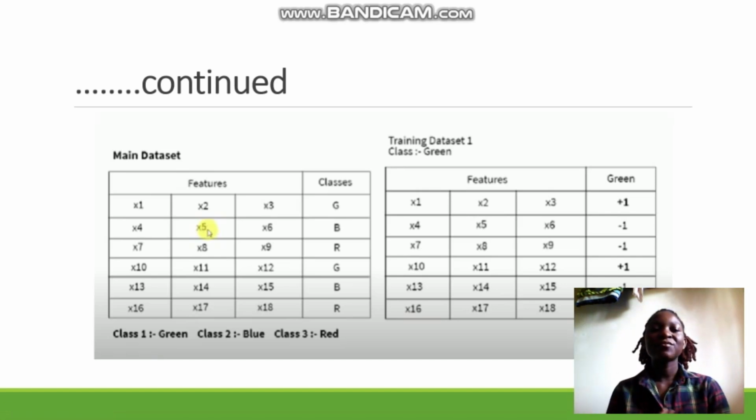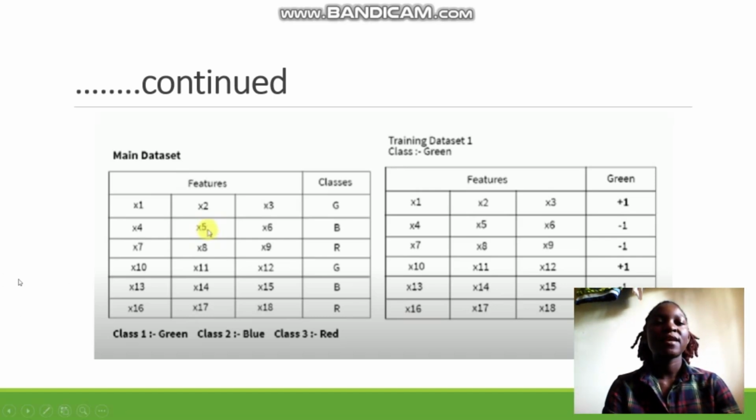Classifier 2 is distinguishing blue from the rest, and the third classifier is distinguishing red from the rest. This is how our main data set looks.